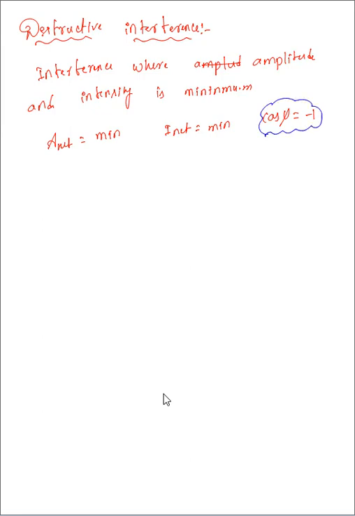Let me discuss the net intensity. I net equals I1 plus I2 plus 2 root I1 root I2 cos phi. When cos phi equals -1, I net equals I1 plus I2 minus 2 under root I1 I2, since minus into plus is minus.